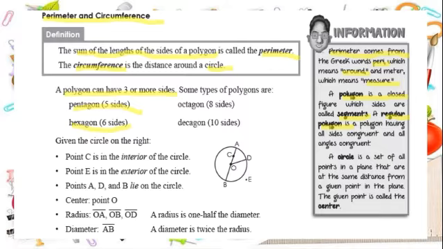It is not written here, but a polygon having 7 sides is heptagon. Next is 8 sides. Octagon. Okay? And then 9 sides. A polygon having 9 sides is what we call nonagon. A 10-sided polygon is what we call decagon.